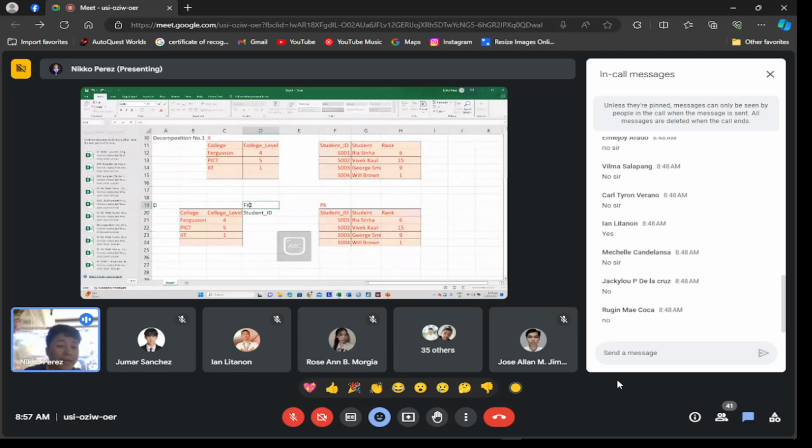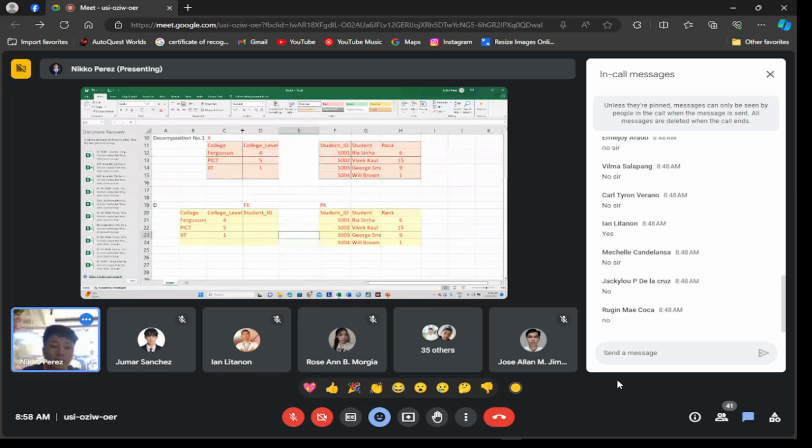Hinulman nga yapi sa laing nga table. Okay? Ayan, so let's color this one yellow.